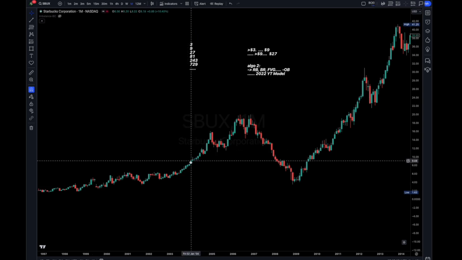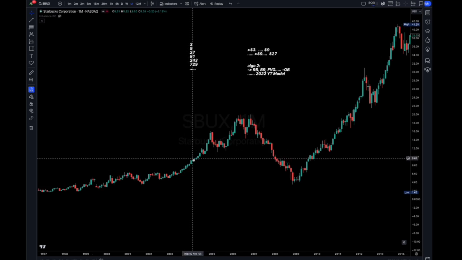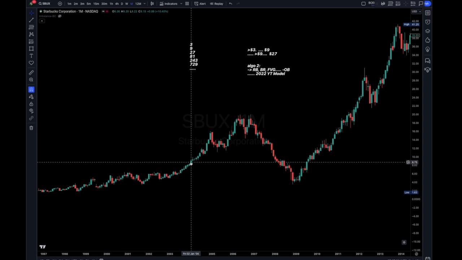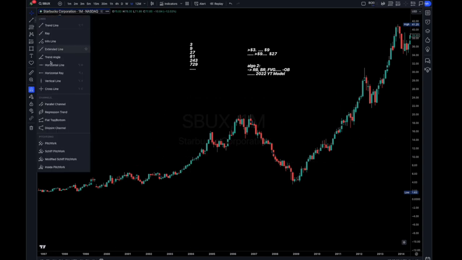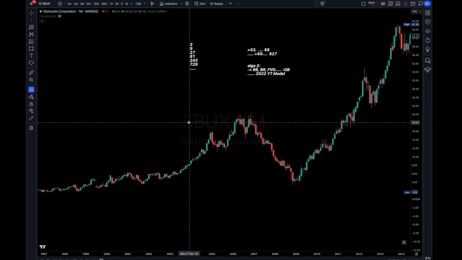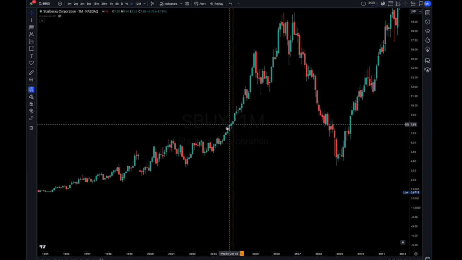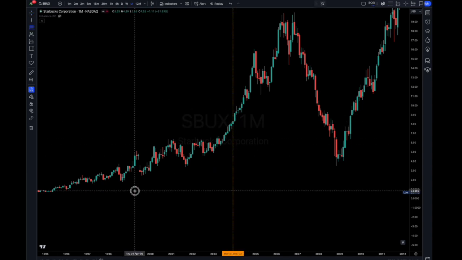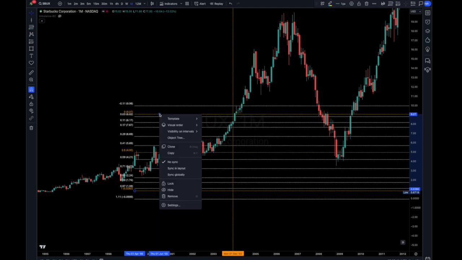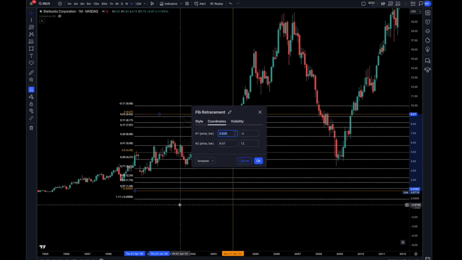Okay, here. So this is when we broke $9 for the first time. So I'll just put a vertical line here to make it easy for you guys to see. Okay, so before we broke $9, the dealing range was between $9 and $0.